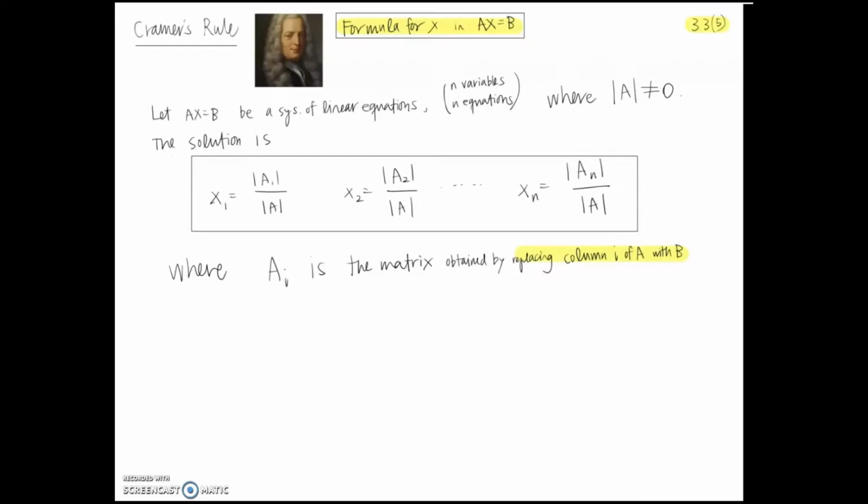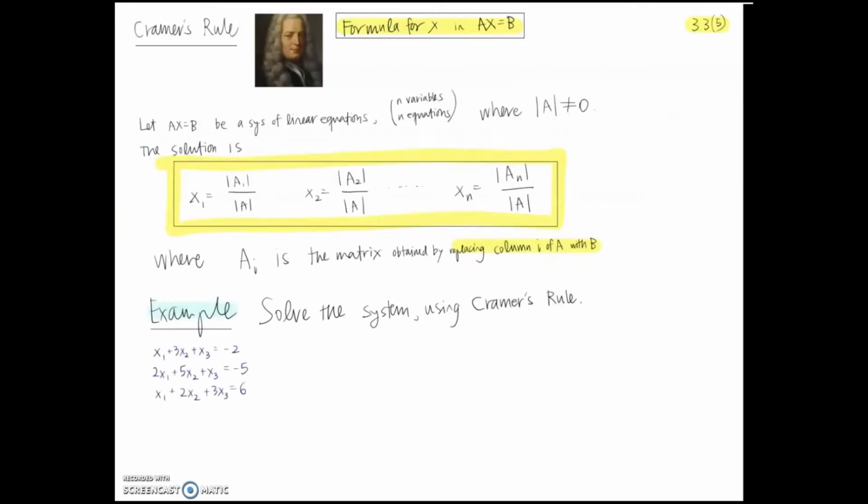So each of these, like this one right here, would be the matrix that you got if you replaced the first column of A with the constant column, the b column, and this would be replacing the second column of A with b, and the nth column of A with b, and then finding the determinants of each of those new matrices. Okay, this is an explicit formula that will give you the solution to any system of linear equations where the determinant is not equal to 0.